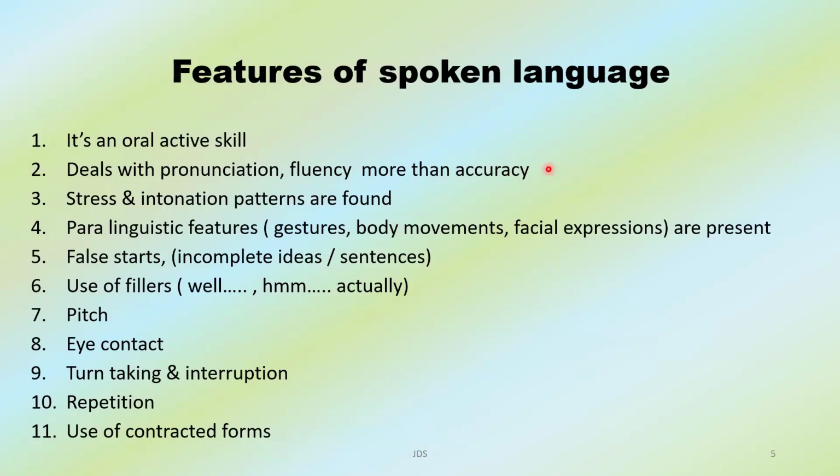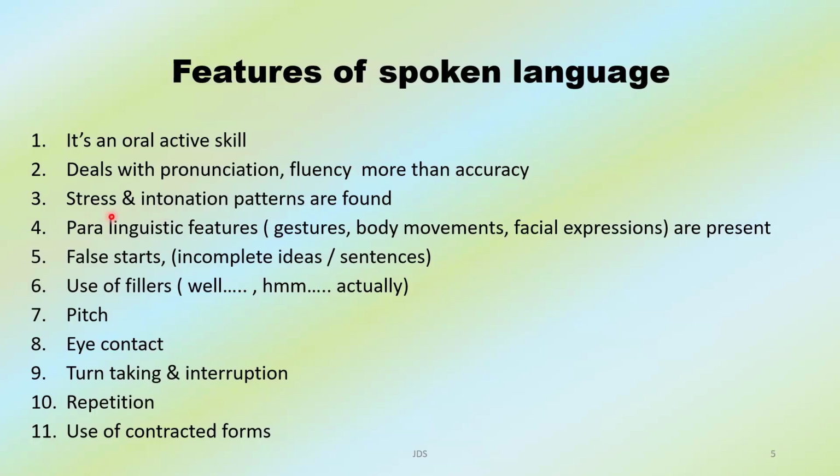It doesn't mean you can speak any rubbish and get away with it, but it is the fluency, how capable the candidate is in expressing his ideas in spite of grammatical mistakes. Whether fluency is there is going to be checked. Then this one you mentioned, the suprasegmentals of the language.